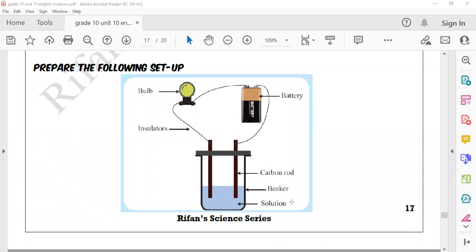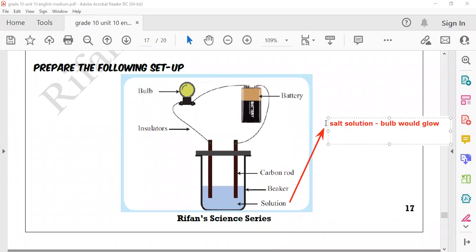If this solution is a salt solution, sodium chloride, will it conduct electricity? Yes, sir. If it conducts electricity, the bulb will glow. Understood?